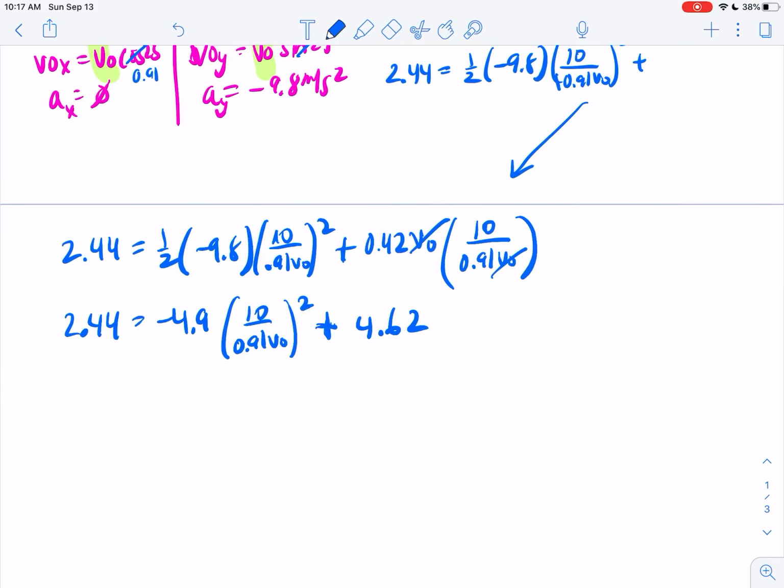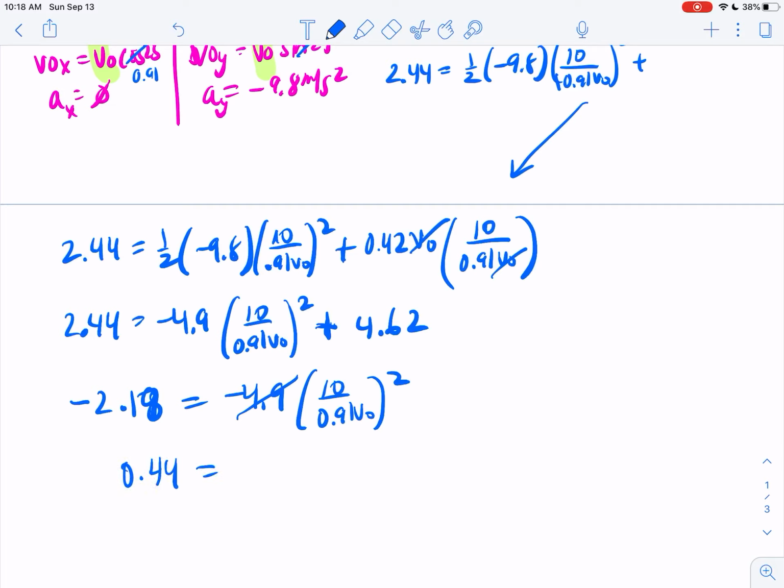Let me move that to the other side. So I'm going to have negative 2.18 equals negative 4.9 times (10 over 0.91) V naught squared. I'm going to move this 4.9 to the other side also. This is just cranking out the math. You guys can probably do this by yourself.